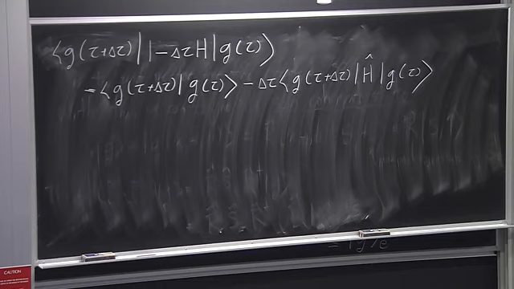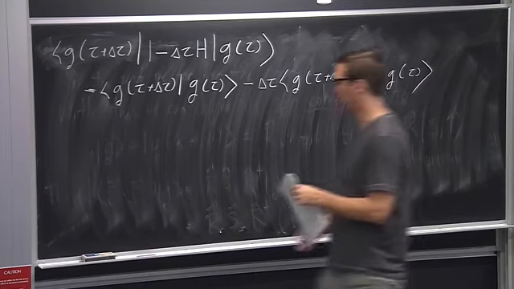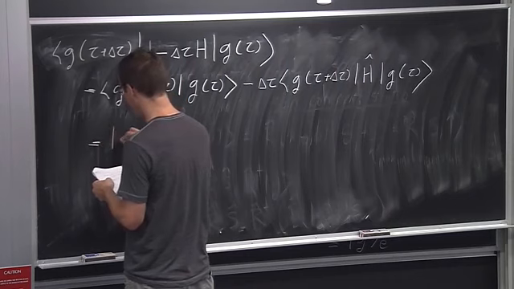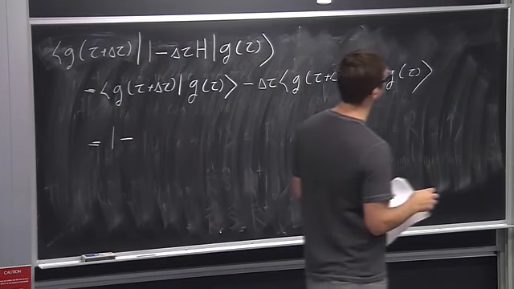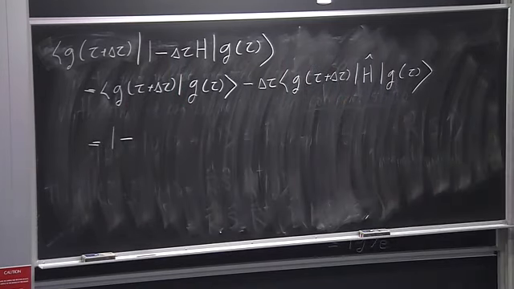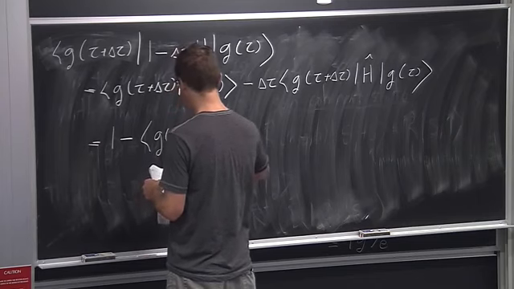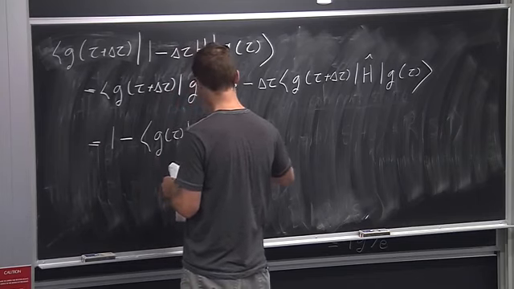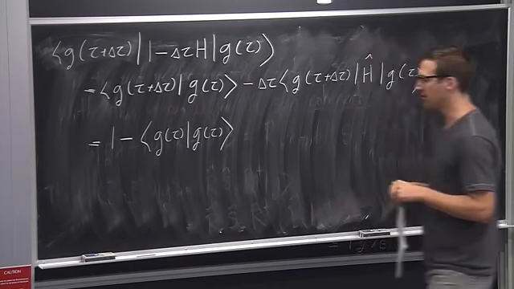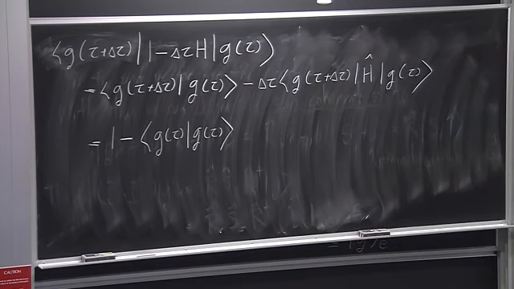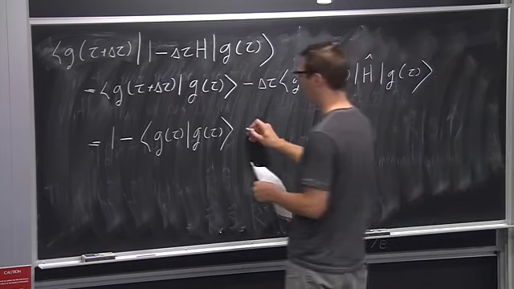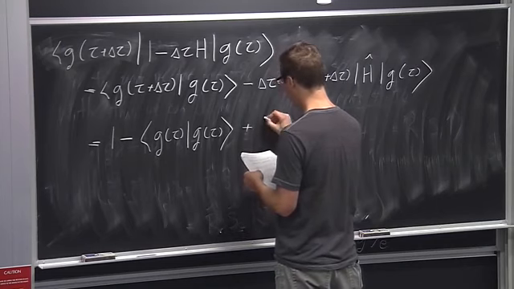Okay, I'm going to do something that feels sketchy, but I don't know any other way to do this. So I'm just going to add 0 to this thing. And by 0, I mean I'm going to add 1 minus my assertion here. If G and G prime are the same, then the inner product's 1. So that's 0. And then plus this term minus this term.